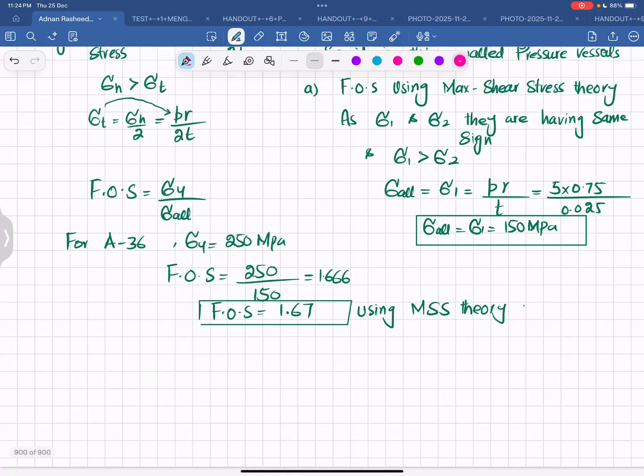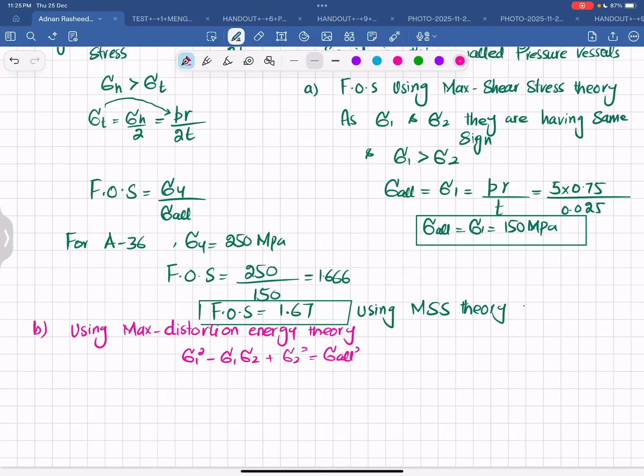Now for part B, using maximum distortion energy theory, we know that sigma 1 square minus sigma 1 into sigma 2 plus sigma 2 square is equal to sigma allowable square.